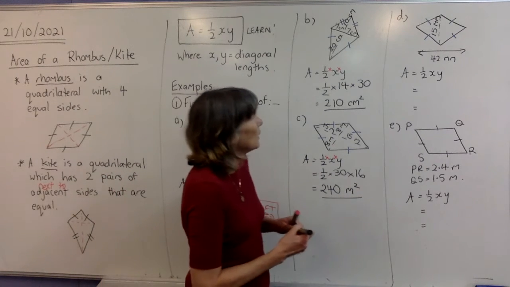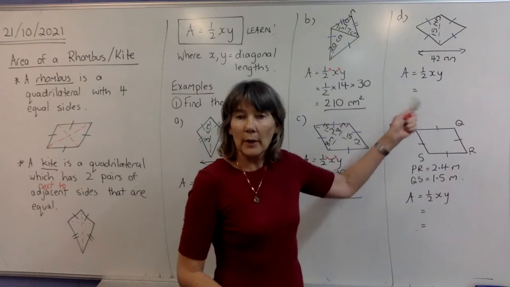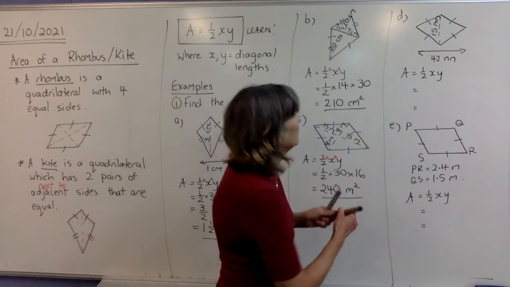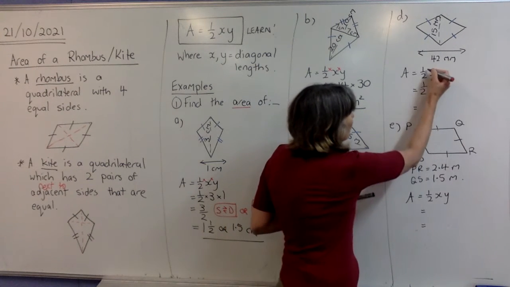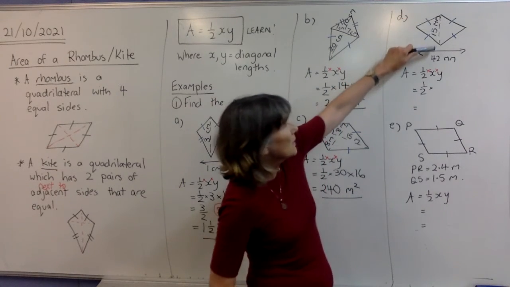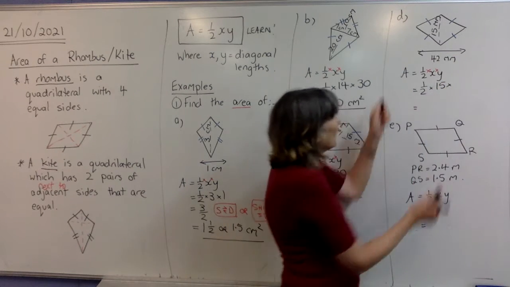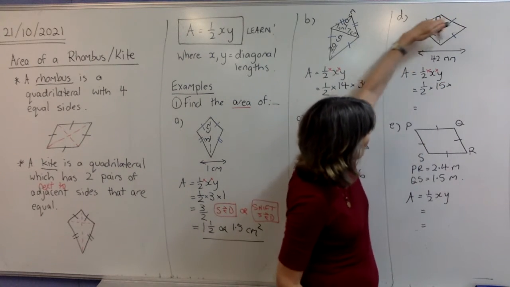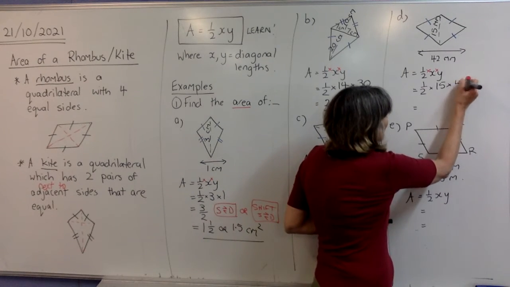Okay, let's have a look at the next one. This is a rhombus. It's got 4 equal sides. So area equals a half xy. We're going to put our diagonals in. So it's a half times, now our whole diagonal's been given to us here, that's 15, so that's okay to go straight in. And the other diagonal going from there to there, they've shown you down the bottom what that is, it's 42.